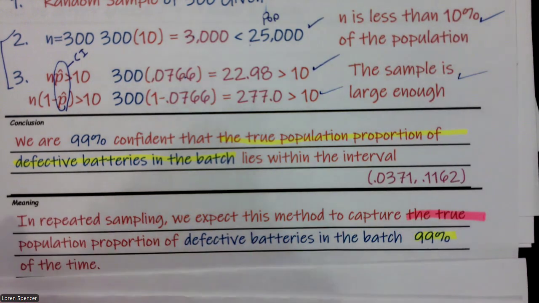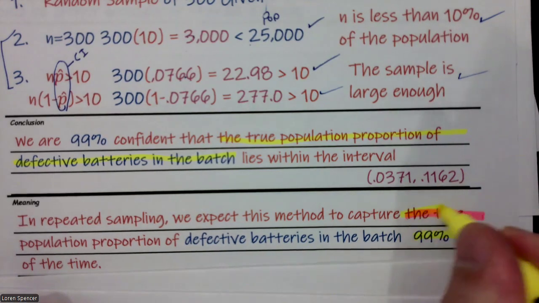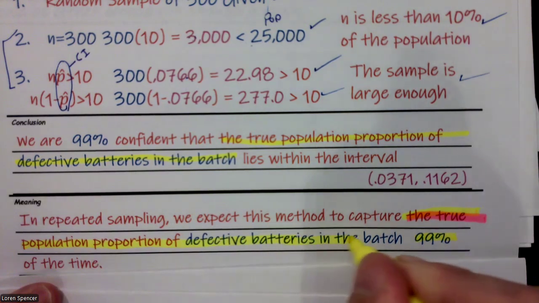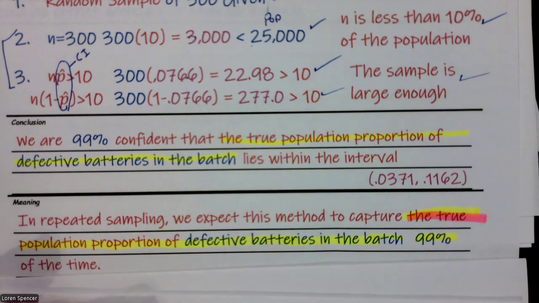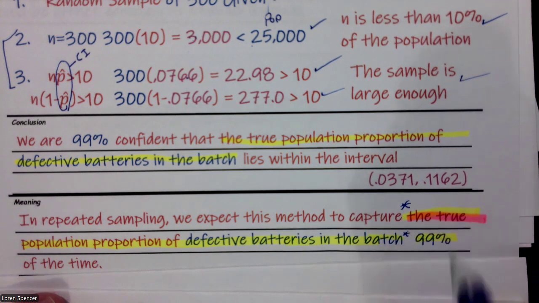The true population proportion of defective batteries in the batch. That part right there, once again, is a restatement of my parameter. So this is my parameter.